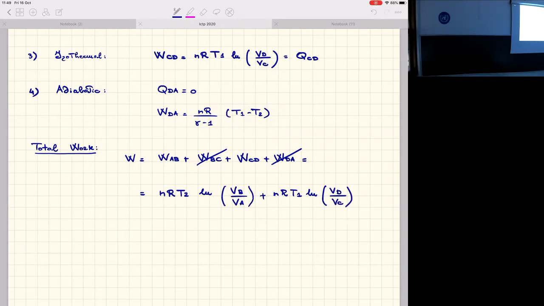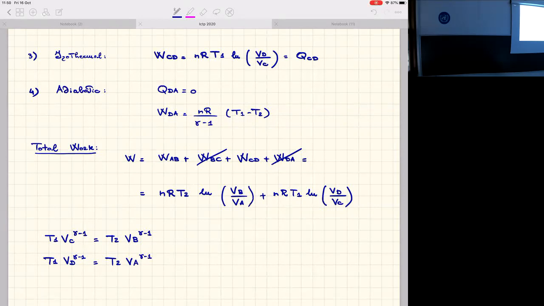Now remember that we were dealing with adiabatic transformations. So T1 VC gamma minus 1 is equal to T2 VB gamma minus 1. And T1 VD gamma minus 1 equal to T2 VA to the power gamma minus 1.